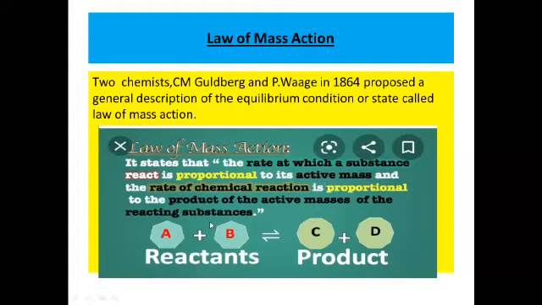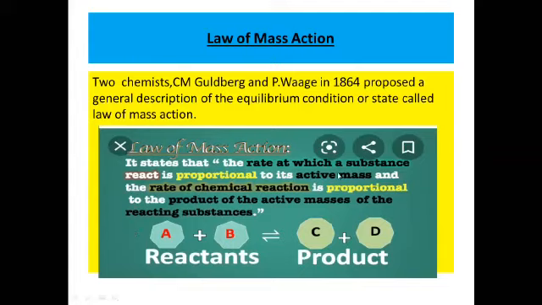So the rate at which a substance reacts is proportional to its active mass, or its concentration in moles per decimeter cube. And what is the rate of the complete reaction? The rate of the complete reaction is proportional to the product of the active masses of the reacting substances.